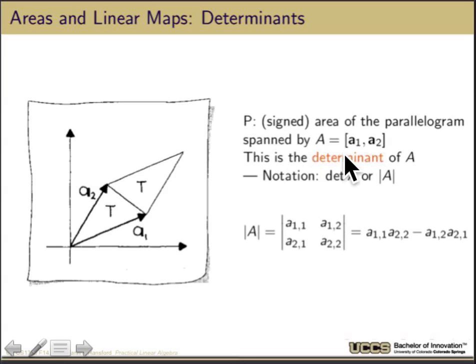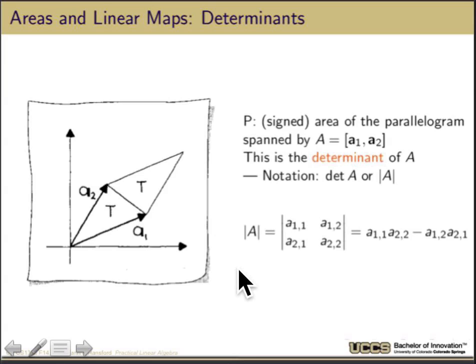And we call this the determinant of A. The notation for this is either det of A or a single vertical bar around A, which looks a lot like the absolute value, but in linear algebra, we don't take the absolute value of a matrix, we take the determinant of a matrix. For a 2x2 matrix, we just derived what it is algebraically. It's A11 times A22 minus A21 times A12.